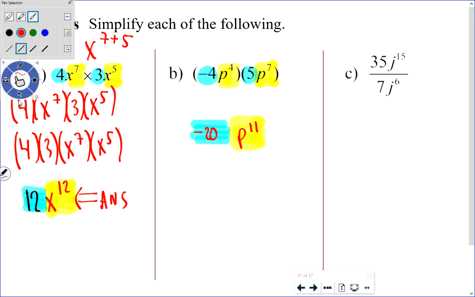Take a look at the next one. Well, we're going to do the same kind of thing, except instead of multiplying, we are dividing. So what we have is an exponential expression on the top that has a coefficient of 35, an exponential expression on the bottom that has a coefficient of 7.